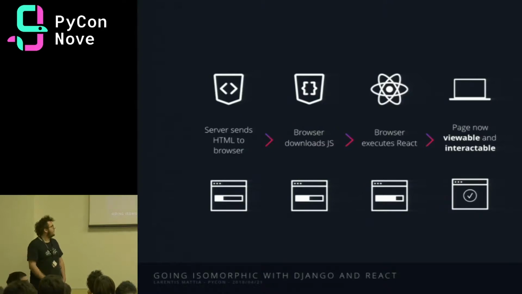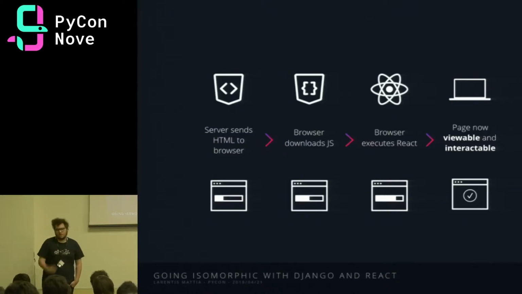When everything is complete, the JavaScript is run, and after a bit, the page is viewable and interactable. That means you can get information and use the application to do something, like hide and show stuff or get other information with a request, and so on.